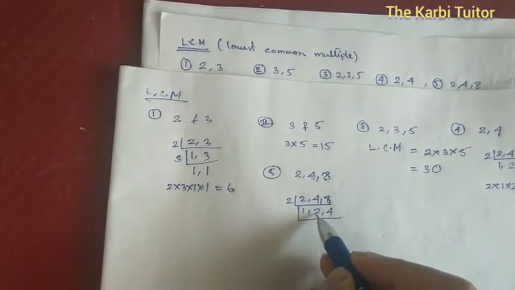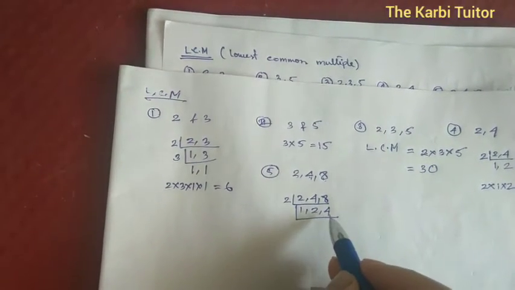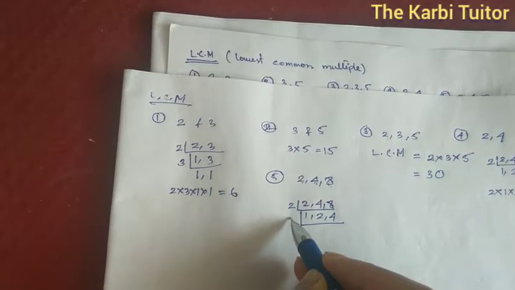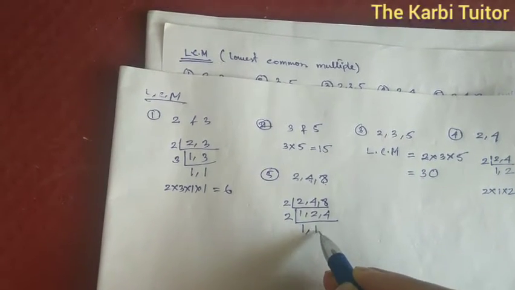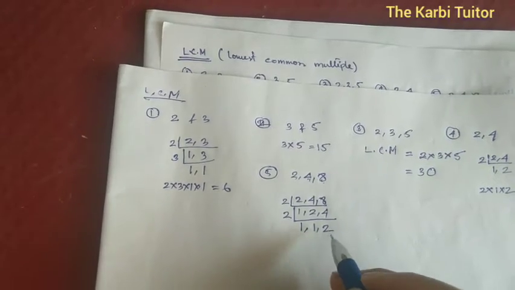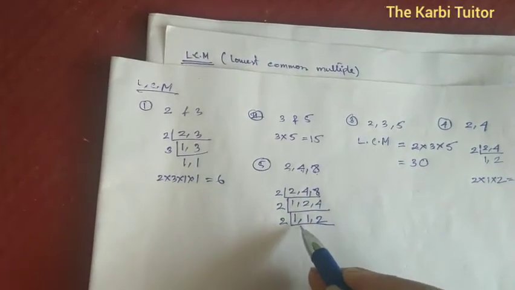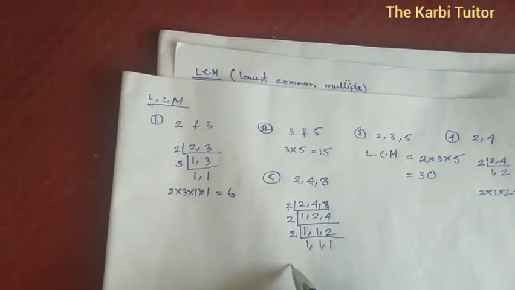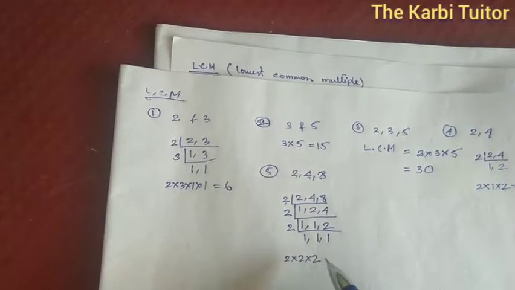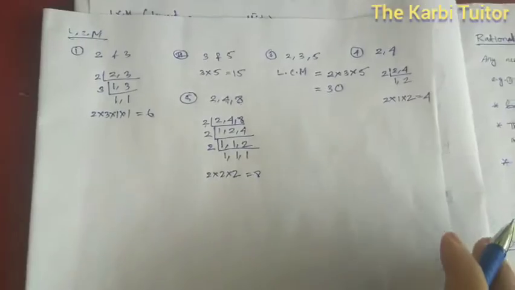This is 2, this is prime, but the others are not prime, so we can go another step. So 2, this we cannot divide, so bring it down. 2 ones are 2, 2 twos are 4. Now here we can stop, or you can just do 2, bring it down, then 2 ones are 2. So 2 into 2 into 2. So we got 8. So our LCM is 8.